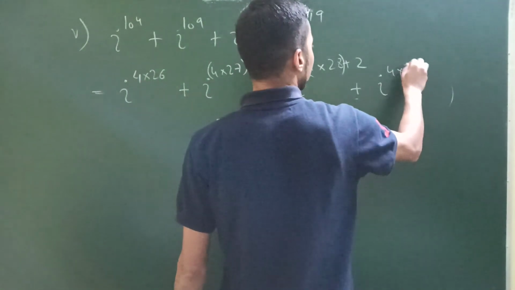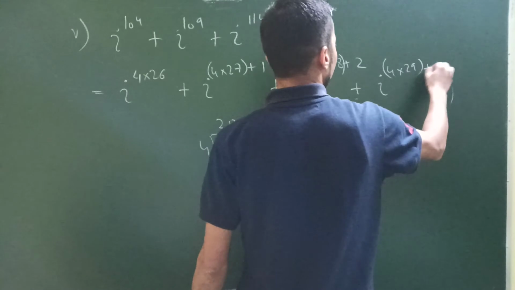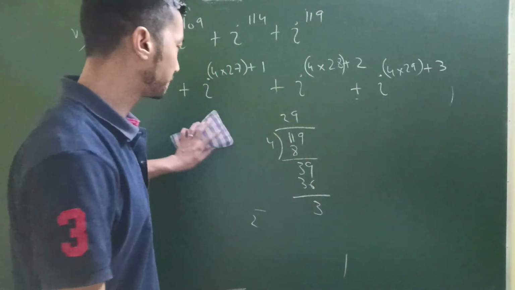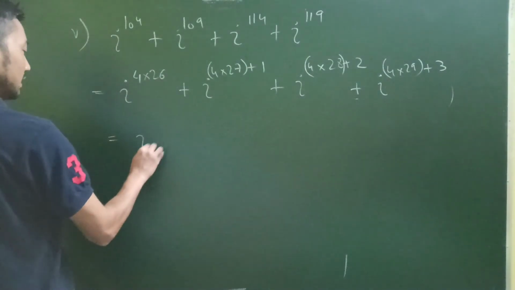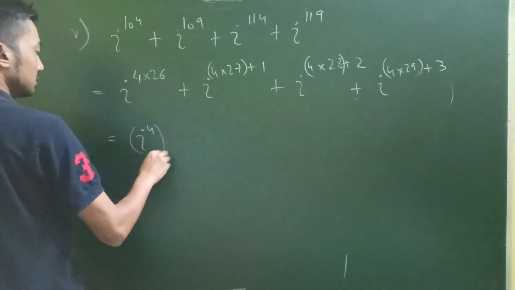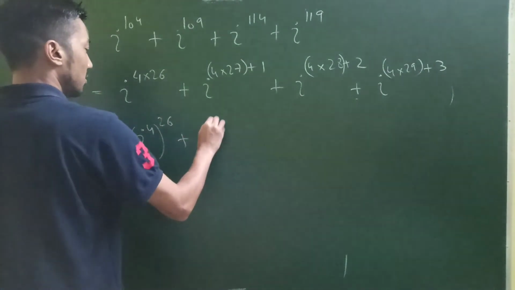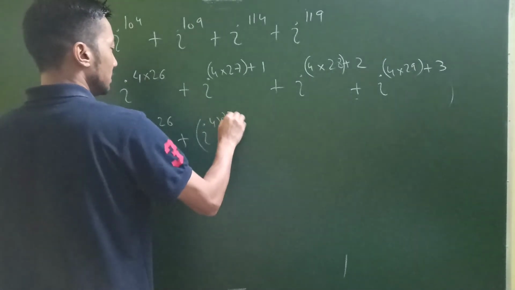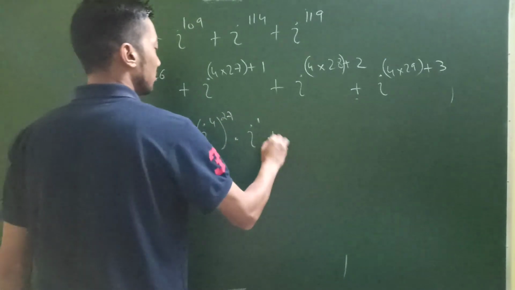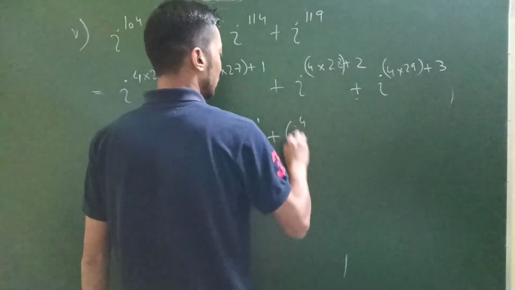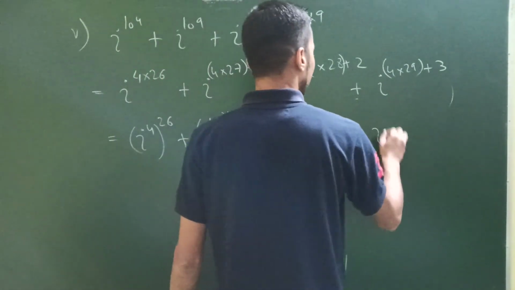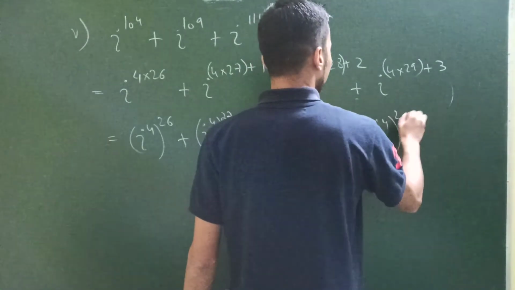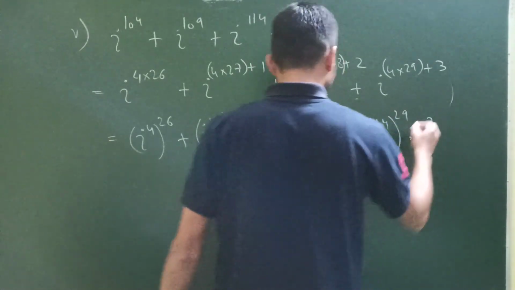So 4 into 29 plus 3. Alright? Okay, so that is i^(4 into 26) + i^(4 into 27) into i^1 + i^(4 into 28) into i squared + i^(4 into 29) into i cubed.